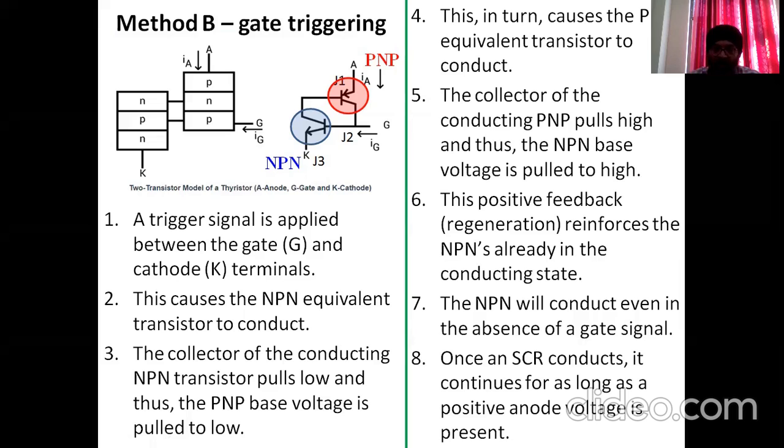There is no damage, no destructive way of triggering the device. So that's why this method B, also known as gate triggering, is used in turning on the SCR. And for all the applications in this course, all the power converters in this course, we'll always be using method B, called gate triggering.